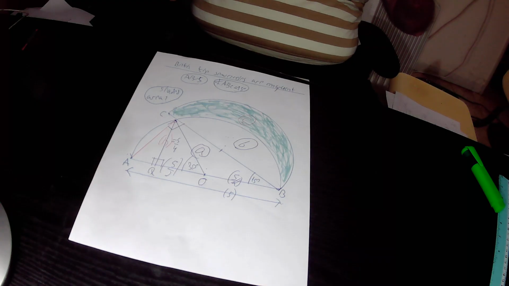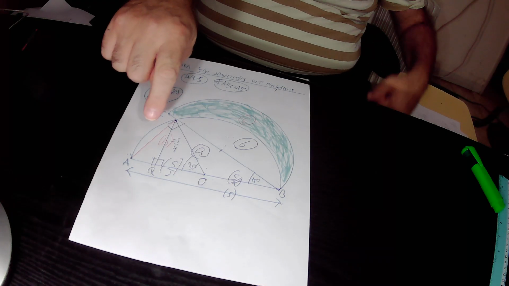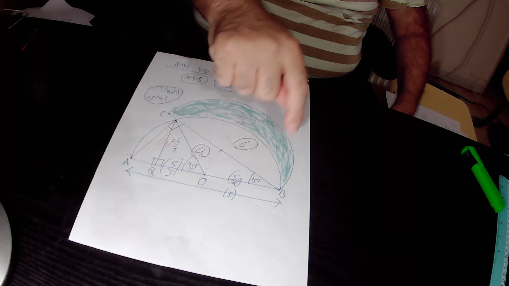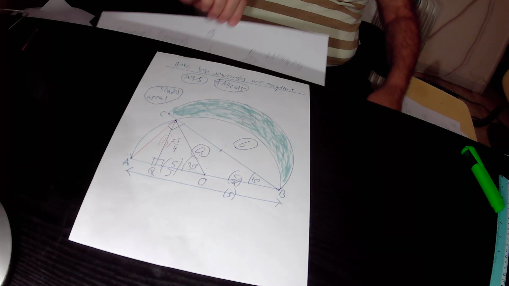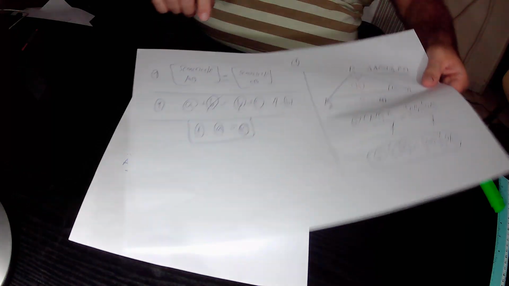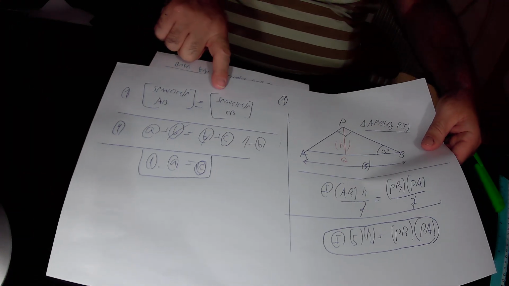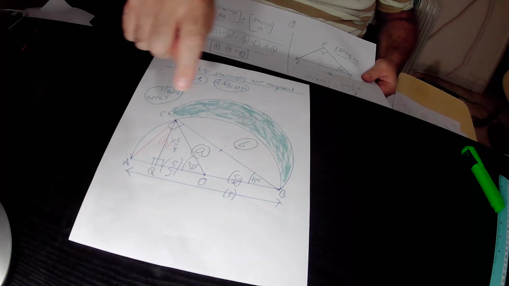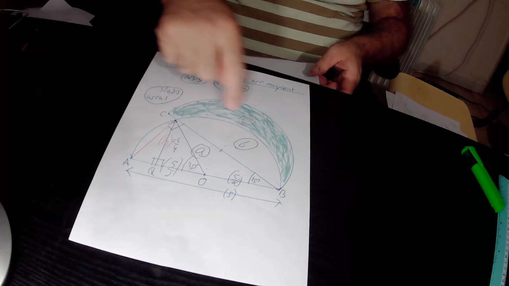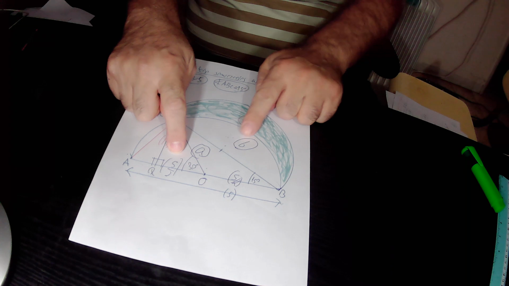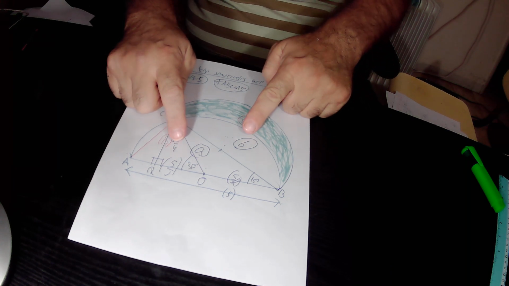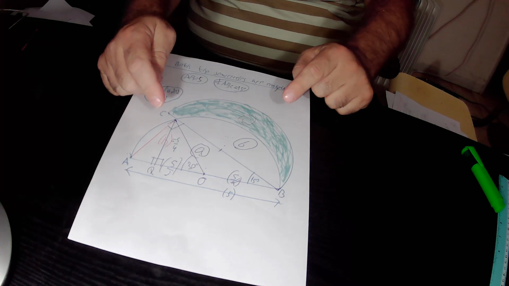We know that the area of this semicircle AB is equal to the area of this semicircle CB. What is the area of this semicircle AB? Semicircle AB consists of those two shapes. Therefore, the area of semicircle AB must be equal to the sum of the areas of the two shapes that it consists of.